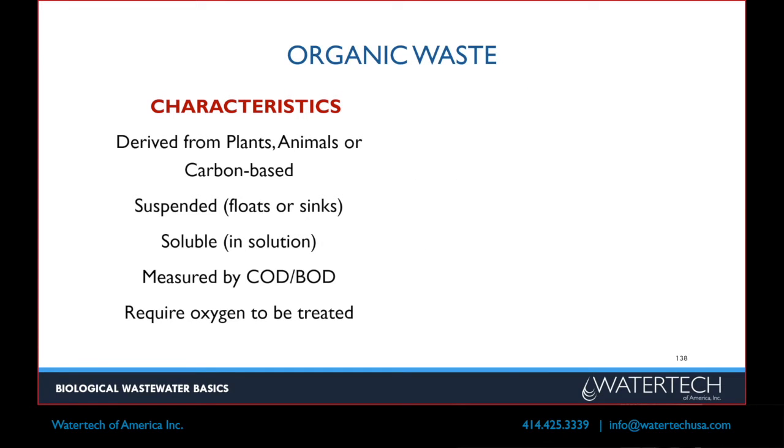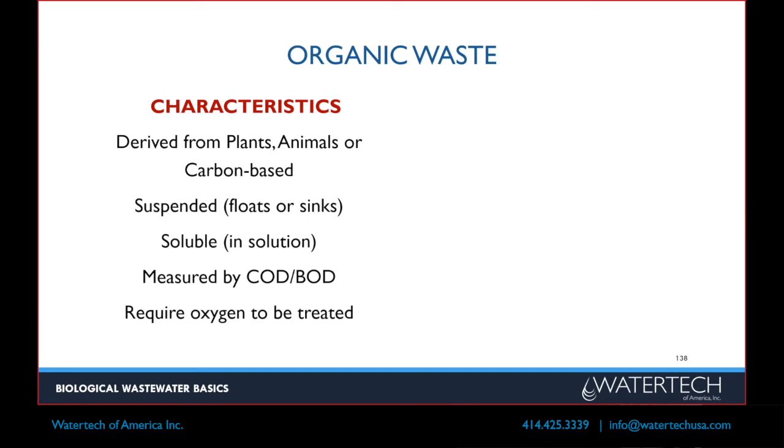So a little talk about organic waste. Won't read through all of these here, but what is organic? It's derived from plants and animals. It can float. It can also be dissolved. It's measured by COD, BOD, basically oxygen demand, either chemical oxygen demand or biological oxygen demand. Just two different readings that measure the organic strength of the wastewater that a wastewater treatment plant has to treat.